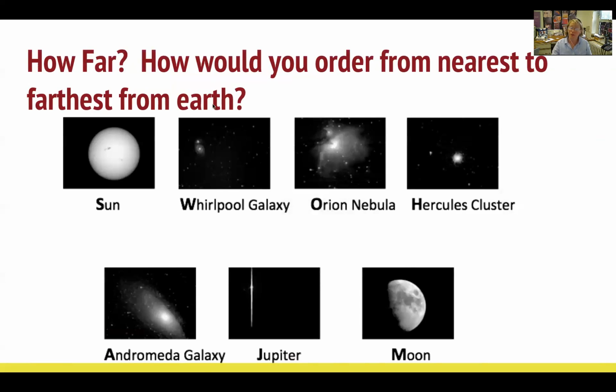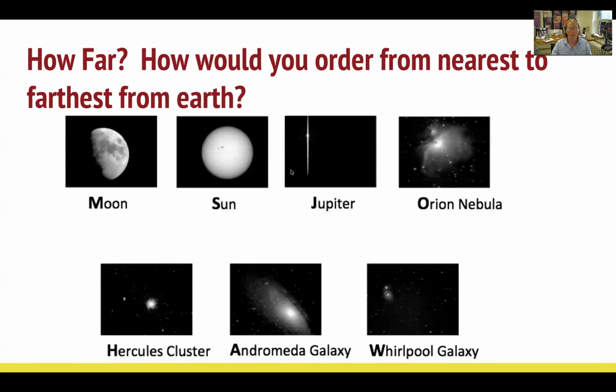So here's a bunch of objects viewed through MicroObservatory, in our solar system, in our galaxy, star clusters, and galaxies beyond. And you can figure out their scale and realize that these things are really big in the sky.